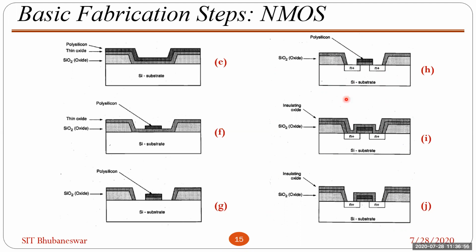Then what we will do after these steps, we will put an oxide layer throughout the region, because after the polysilicon we want an oxide layer over the polysilicon. So we'll put an oxide layer over the whole region.